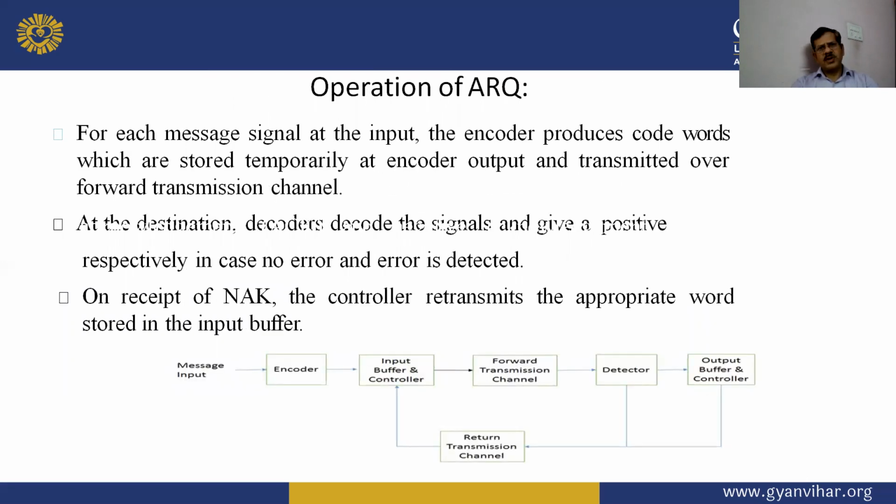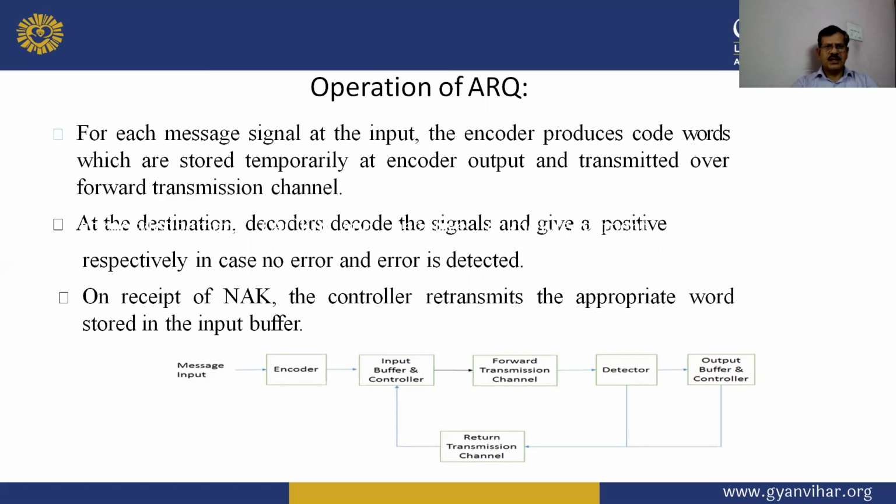Next, what is the operation of ARQ? For each message signal at the input, the encoder produces code words which are stored temporarily at the encoder output and transmitted over the forward transmission channel.